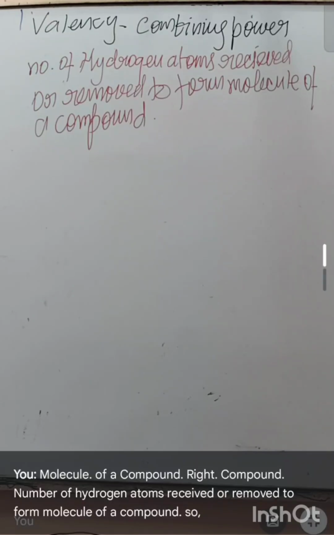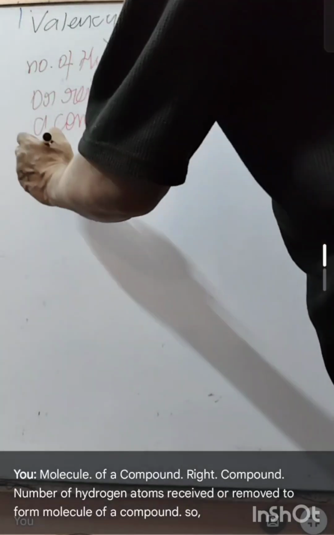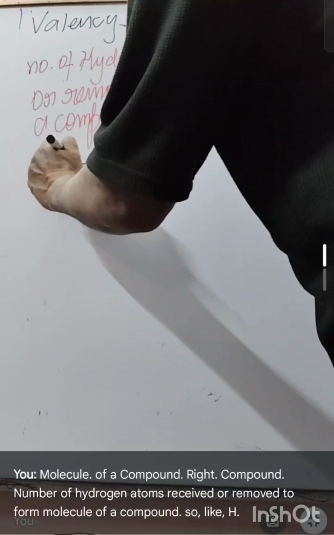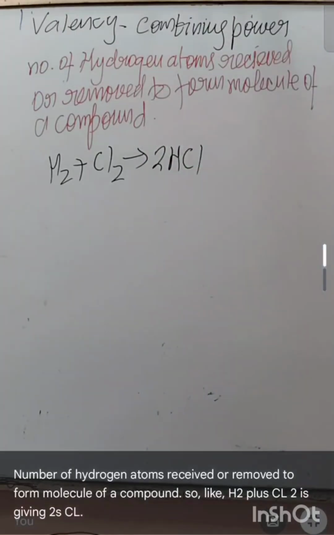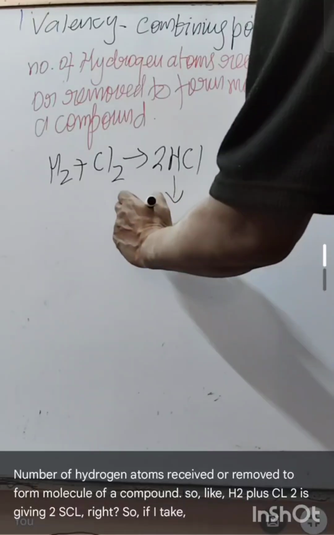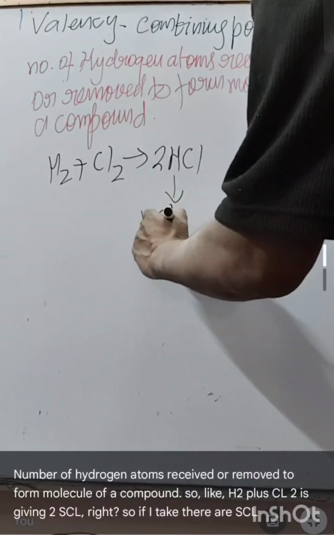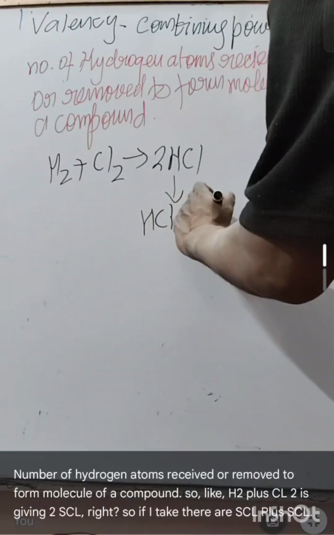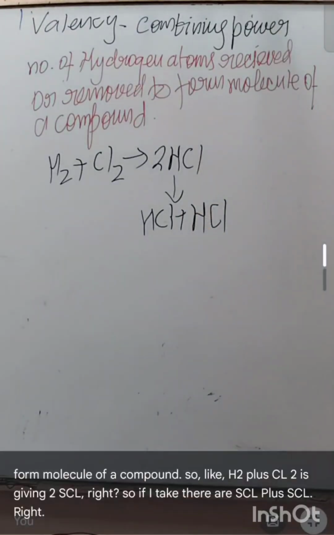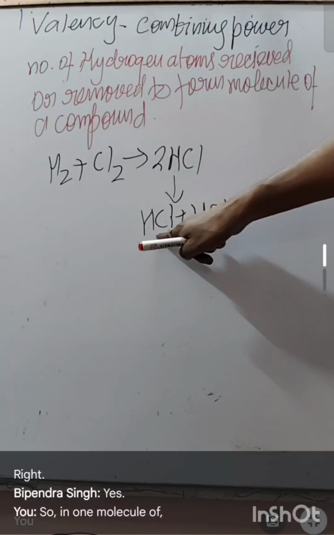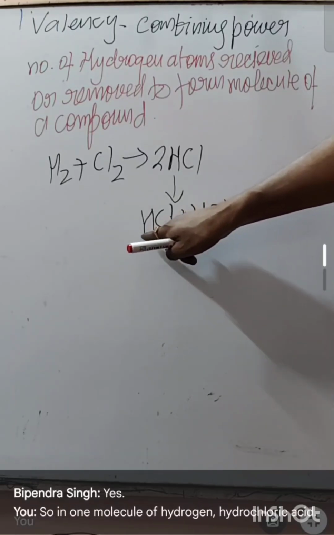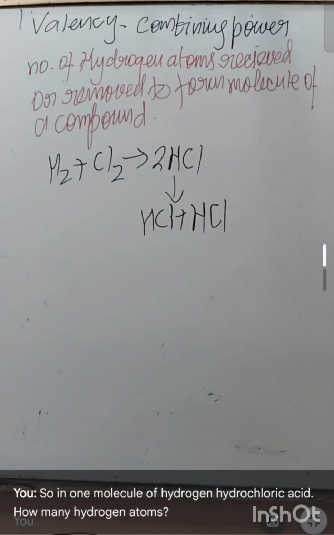Like H2 plus Cl2 is giving 2HCl, right? So if I take HCl plus HCl, in one molecule of hydrochloric acid, how many hydrogen atoms? One.